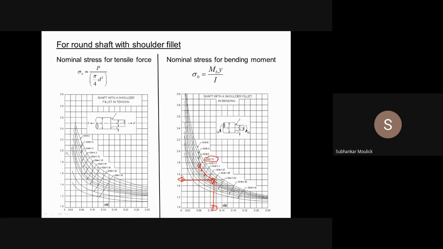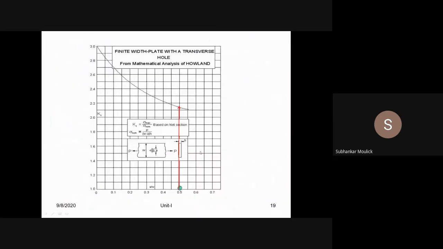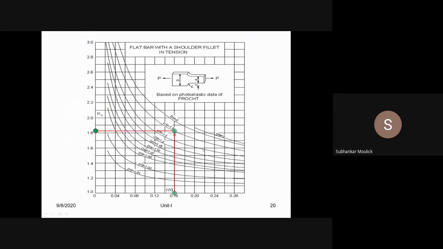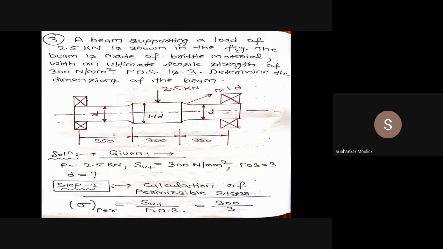So how will I find out the value of Kt? For that I need small r by d and capital D by d. Just quickly tell me from the diagram of the question, what is the value of capital D by d and what is the value of small r by d?